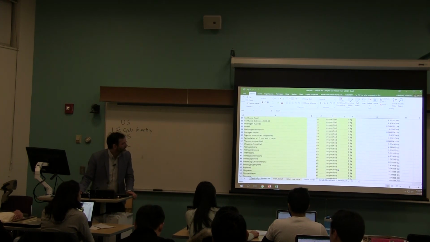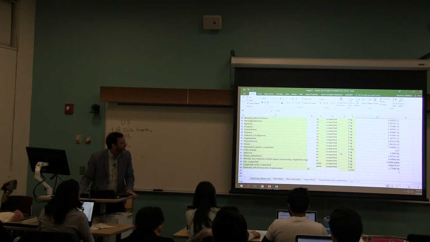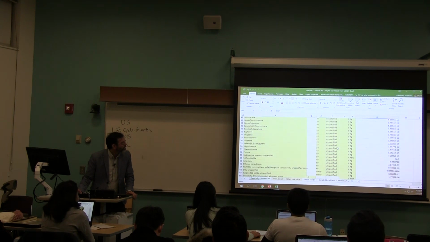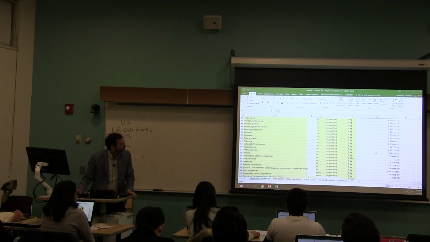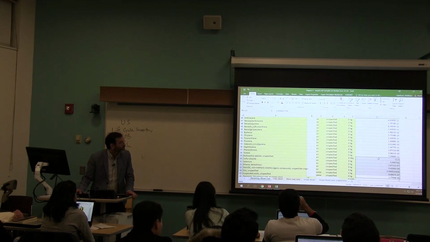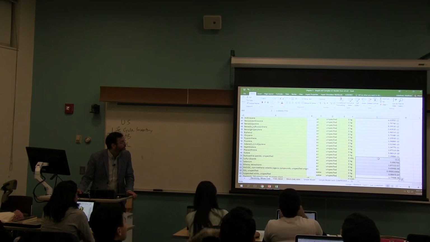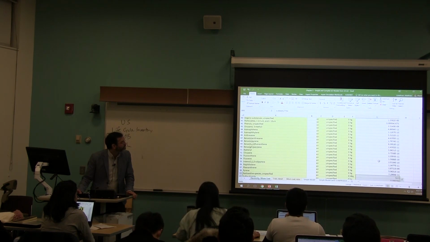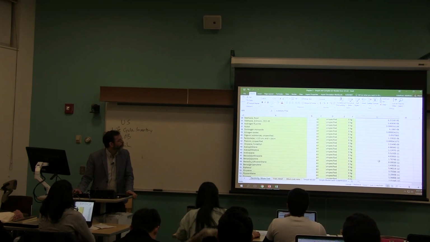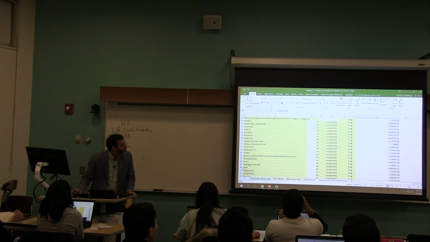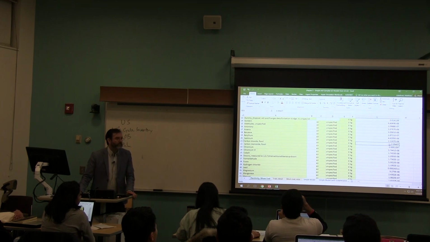There are dozens and dozens of different emissions here, and you can see the units in kilograms and the quantities given. Some of them are very, very small. Some of them, like CO2, will be much larger. So here's carbon dioxide. It's going to be one of the largest.